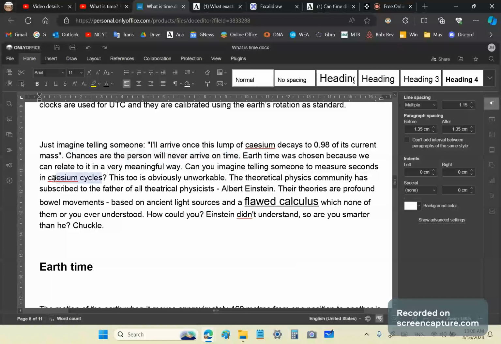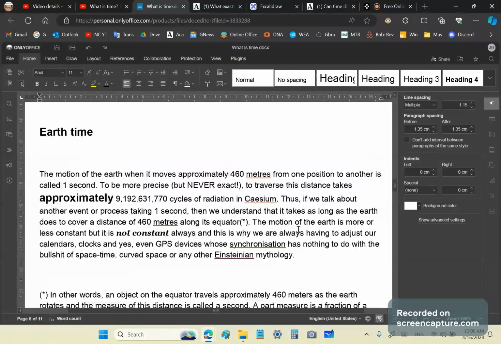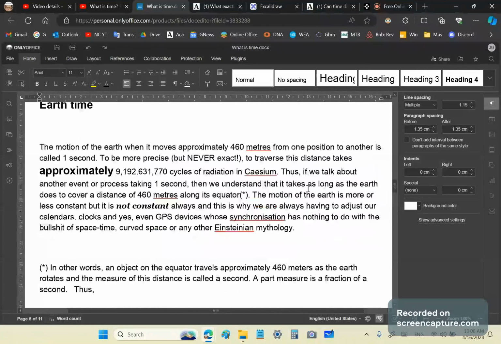We do that when we want to get a slightly more precise measure, but it's not accurate, because accurate means it's 100% correct, and there's no such thing as accurate time measure. So Earth time is the motion of the Earth when it moves approximately 460 meters from one position to another, and it's called 1 second.